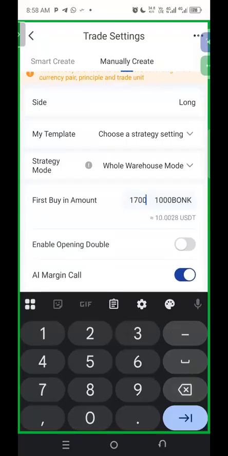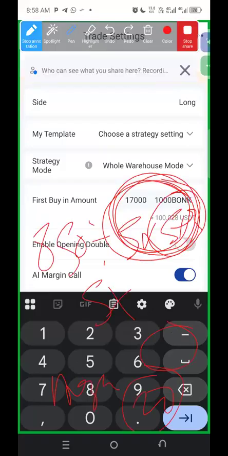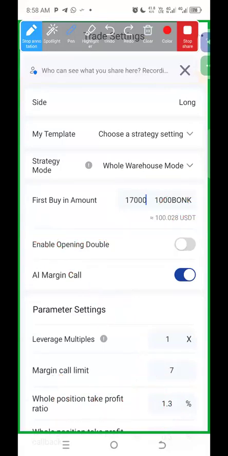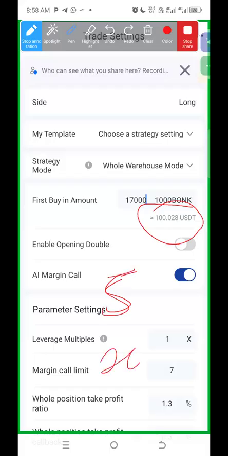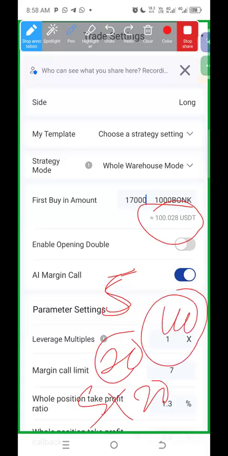So 17,000, that is 100 USDT. Why? Because you are using 5x with a capital of $20. So 5 times 20 is 100.